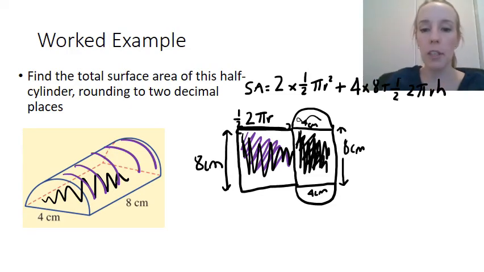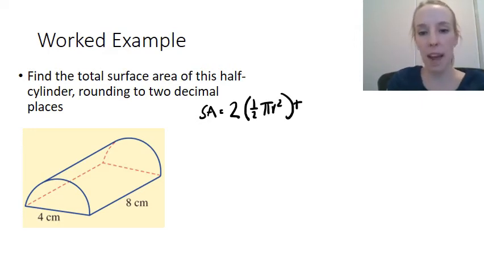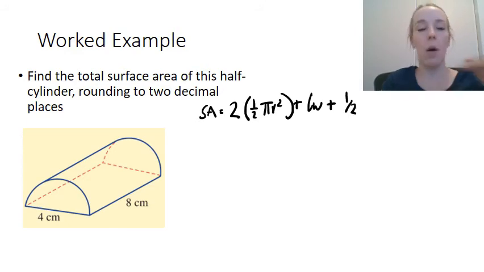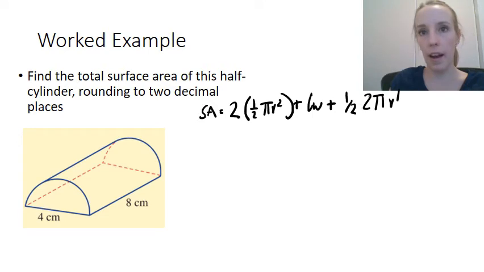So we have to do the 2 semicircles, the 2 half circles, the base, and that half of the curved surface. So I'm going to have to clear my screen so I've got enough space to fill in all my numbers. So our surface area is going to be 2 times our half circles, a half pi r squared, plus that flat base, which is length times width, plus half of our cylinder there, which is 2 pi r height.